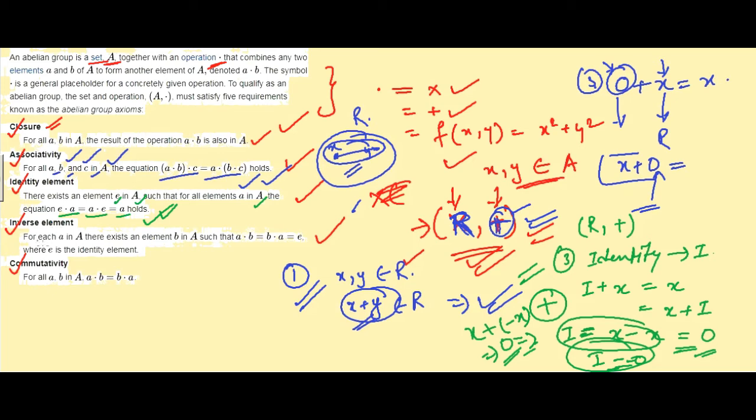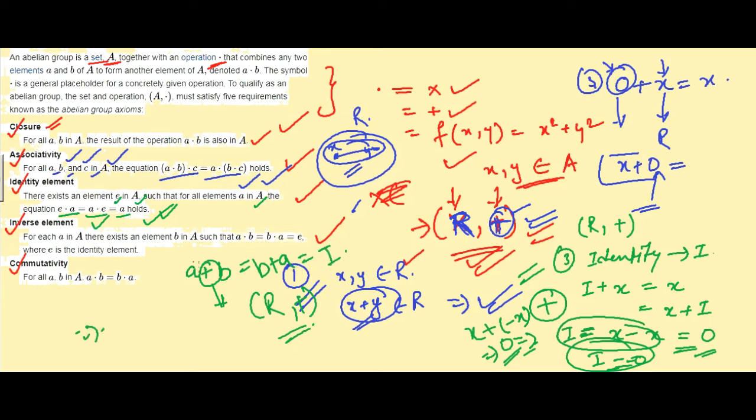Let's see what else there is. This is the fourth property, inverse elements. For each element A in the set A, there exists an element B in the set A such that A operated with the other element B, and here we are taking the addition operation from our binary structure R plus, gives B plus A equals the identity, right?